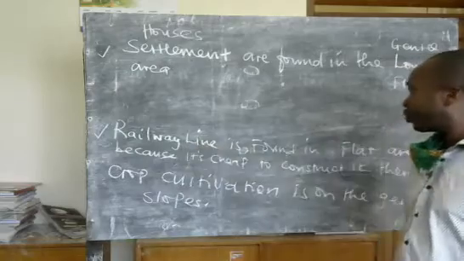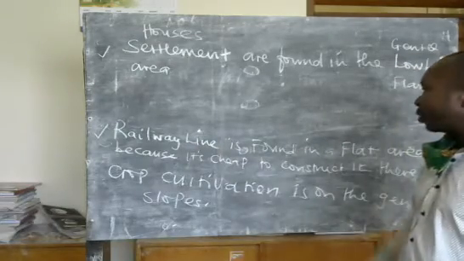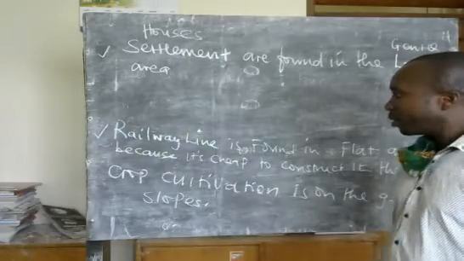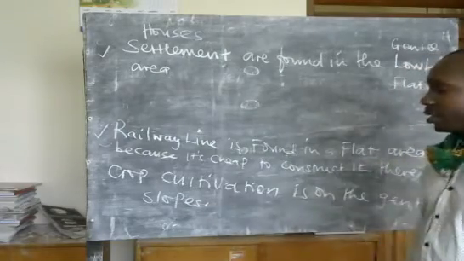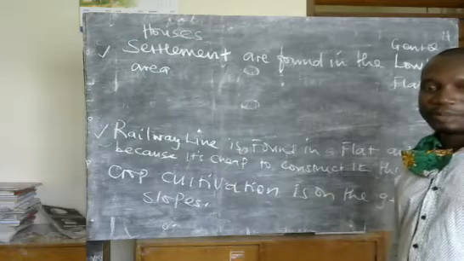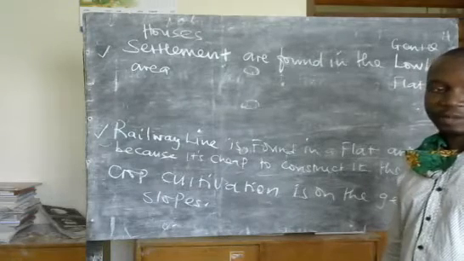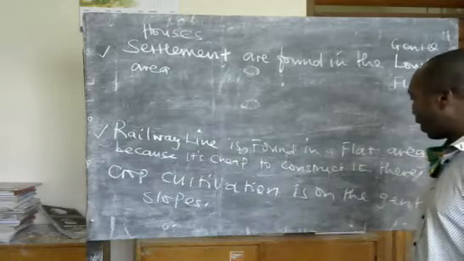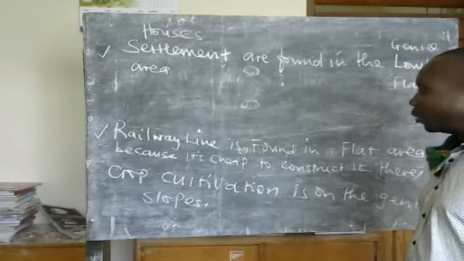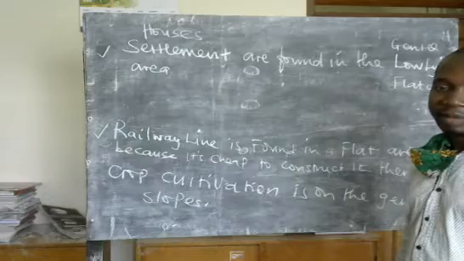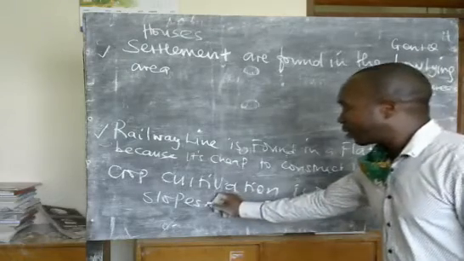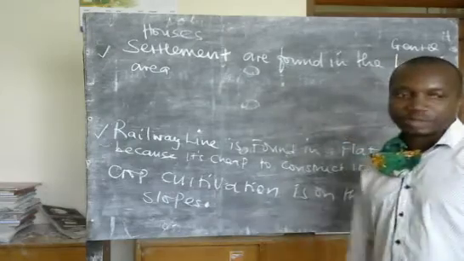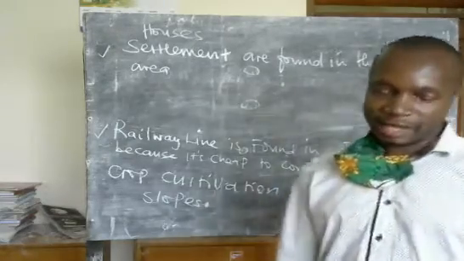A rail line is formed in the flatland area because it is cheap to construct it there. Quarrying is on the steep slopes where rocks are. Then lastly, crop cultivation is on the gentle slopes because of the limited occurrence of soil erosion there.